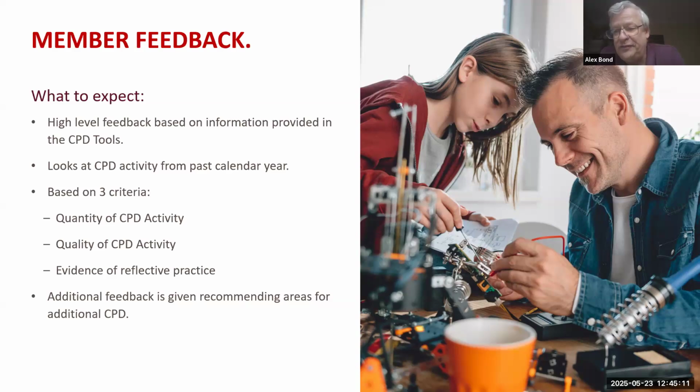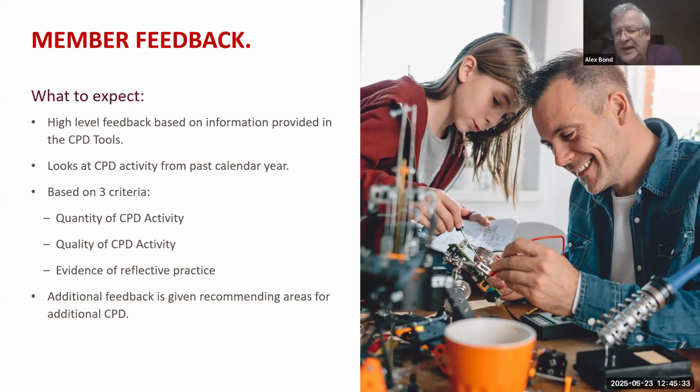That's a limitation of the way we're doing things. We look at the activity over the past calendar year, as I say, somewhere around 18 months. And we look at things on the basis of the quantity of activity. Is it what we'd be expecting? The quality, is it the right sort of CPD?